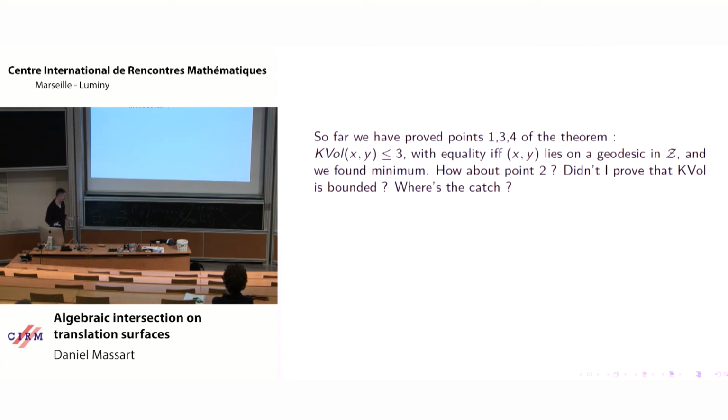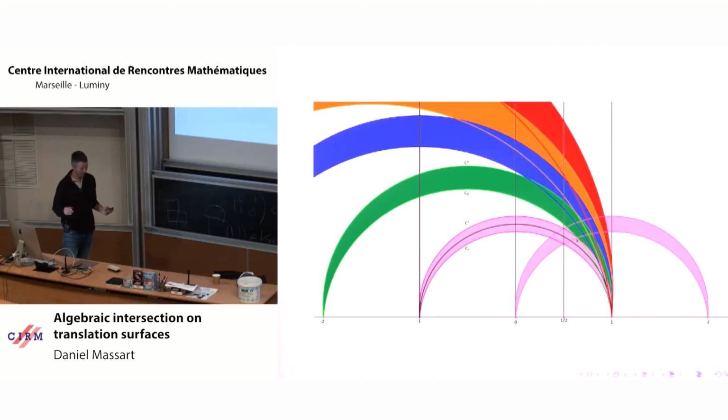So far, I have proved that I have found the minimum. I have shown how to compute k-vol, and we have seen that it equals 3 on some set of geodesics, and in particular, since the cusp gets narrower and narrower when you go to infinity, it's easy to prove that you tend to 3 when you go to infinity in the upper cusp.